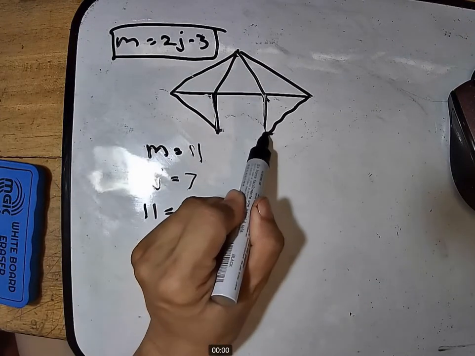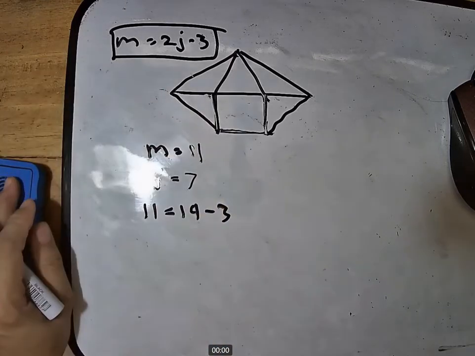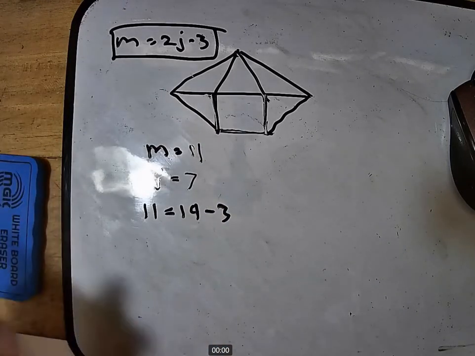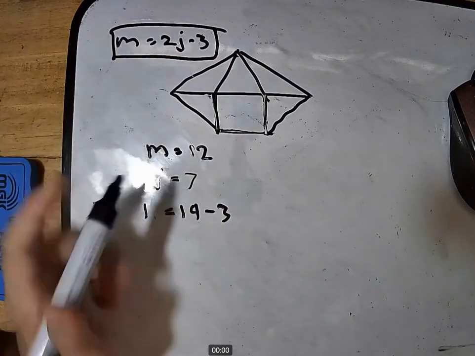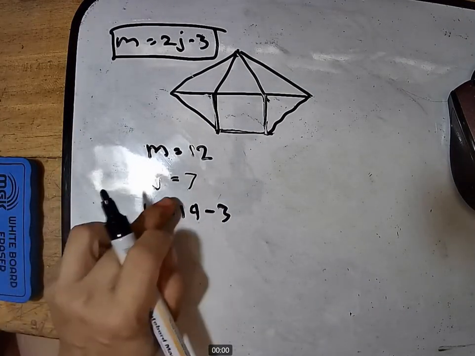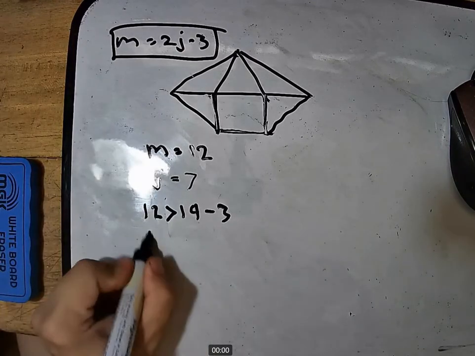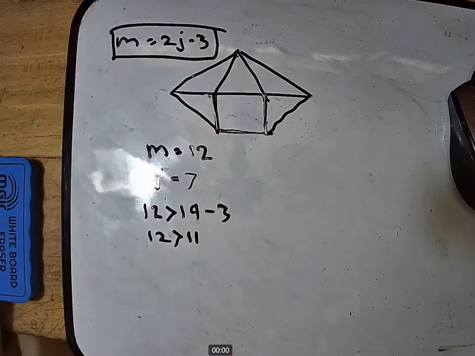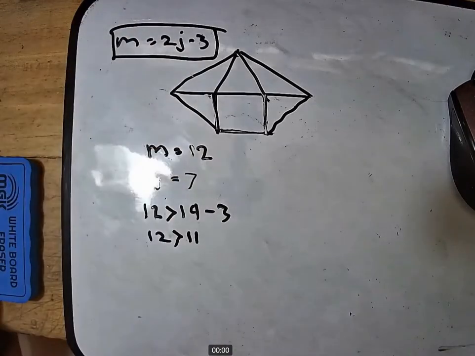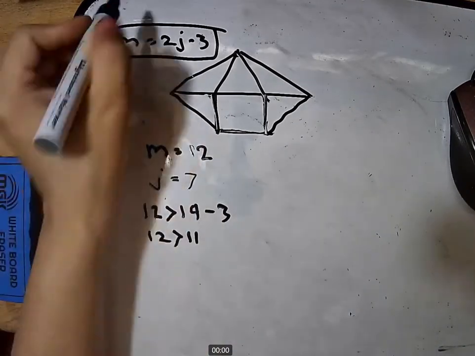Pero kung lagyan natin siya ng horizontal member dito sa baba, magiging unstable ba yan? Let's check. So, your m now becomes 12. And this becomes now greater than. Okay, so 12 is greater than 11. Is this a truss? Or is this a simple truss? Okay, this is still a truss, but it is not a simple truss.